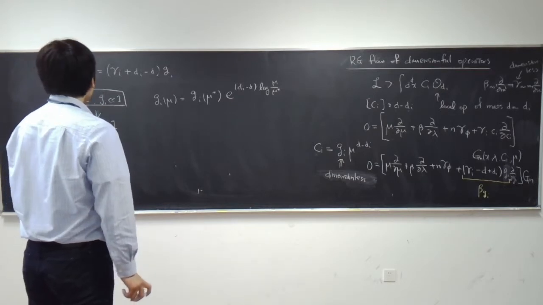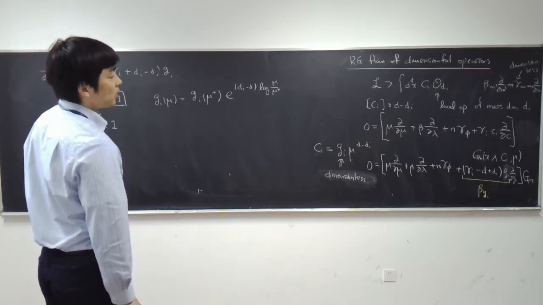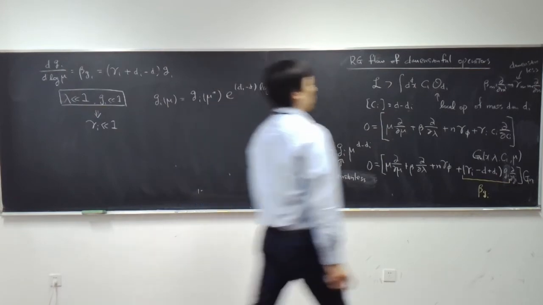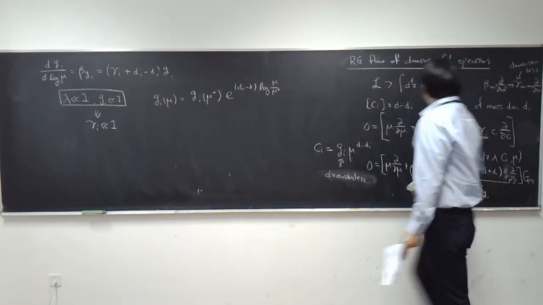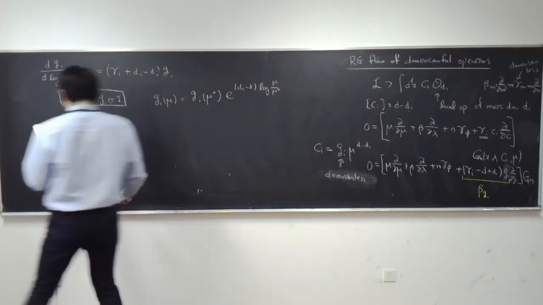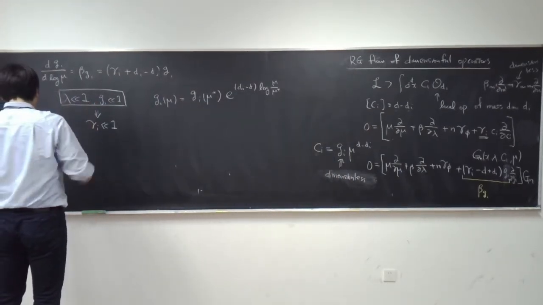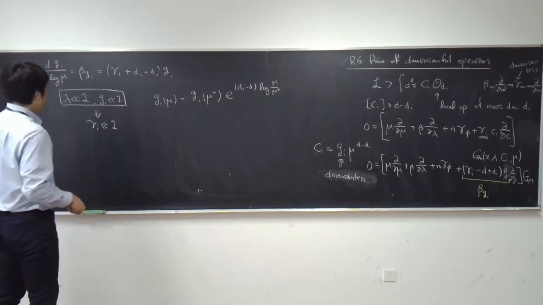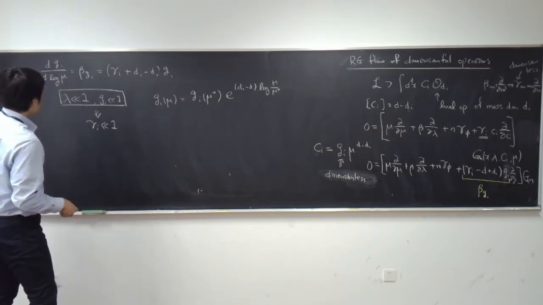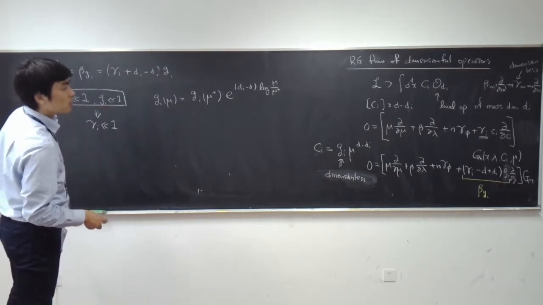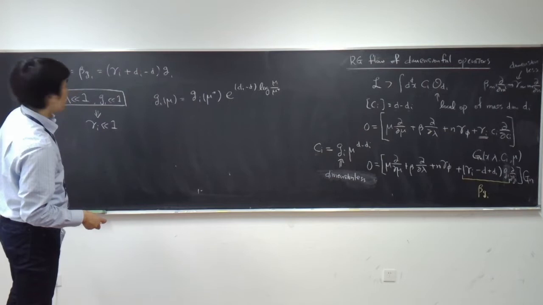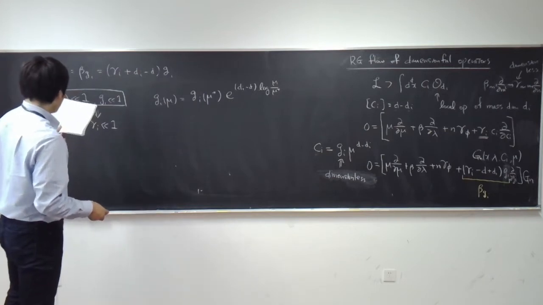So here I just assume that the anomalous dimension gamma is very small because of this assumption. Okay, maybe this is also another assumption I made. Sorry.